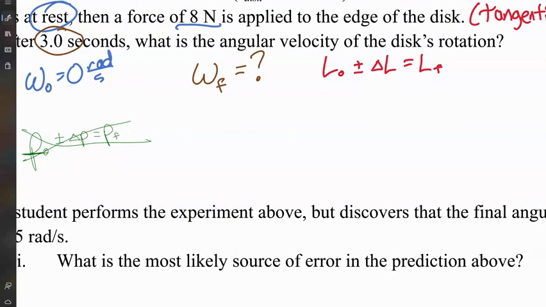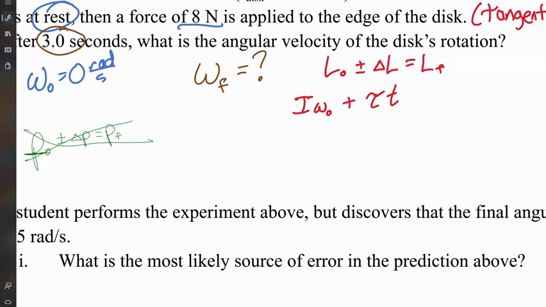AP does not give you this equation directly. What they do give you is that delta L is equal to torque times time, and that angular momentum is equal to I omega. Since we started at rest, we can't go slower than rest, so I'm just going to say plus there.